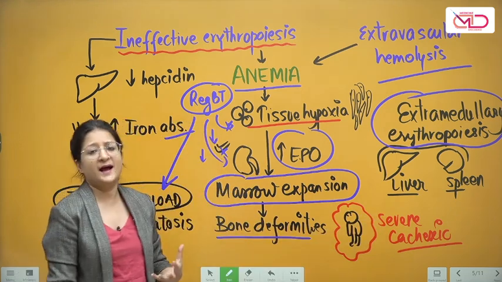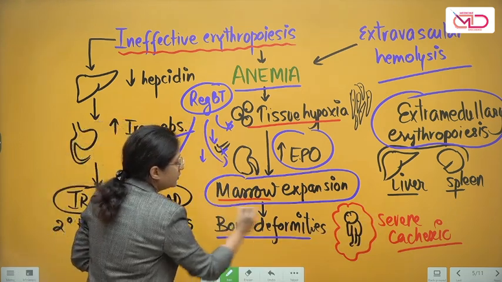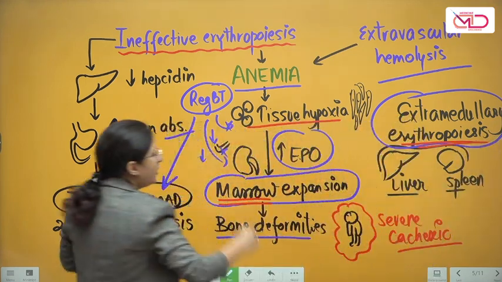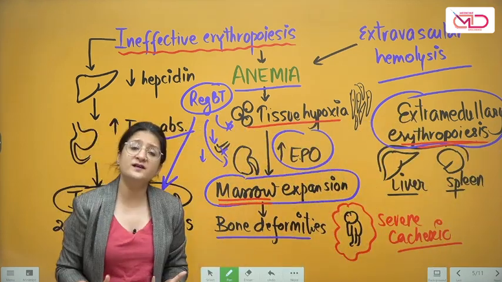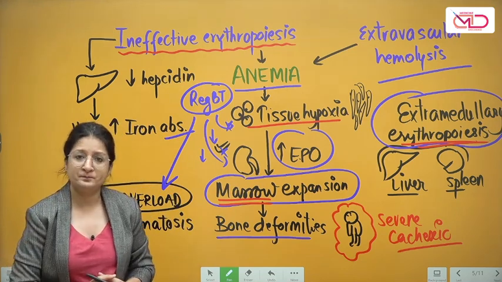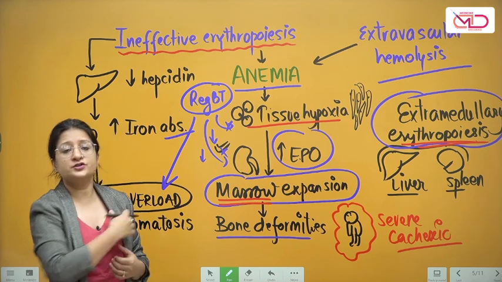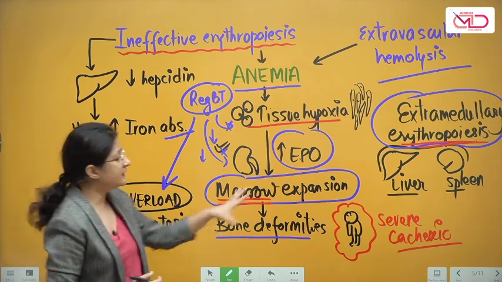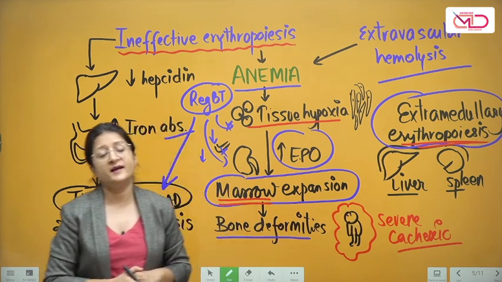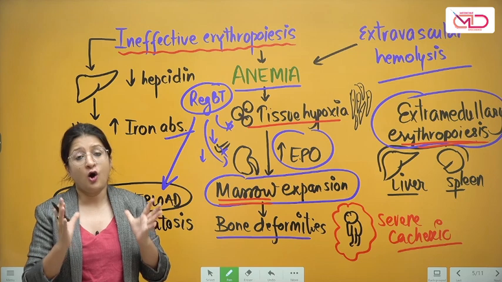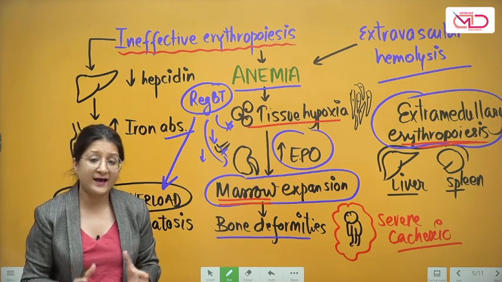On the other hand, the marrow, the excessive erythropoiesis, all of this is stealing away the vital nutrients from the rest of the body, right? Stealing away the oxygen, stealing away the vital nutrients from the rest of the body, resulting in a severe cachexic state as well.